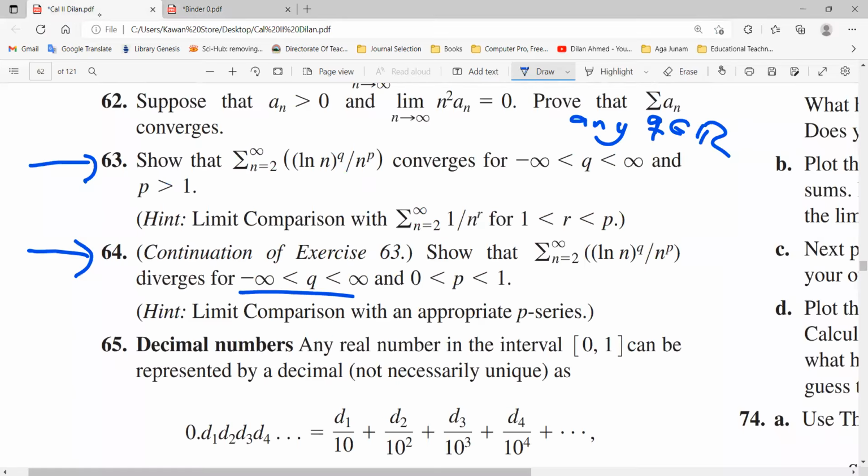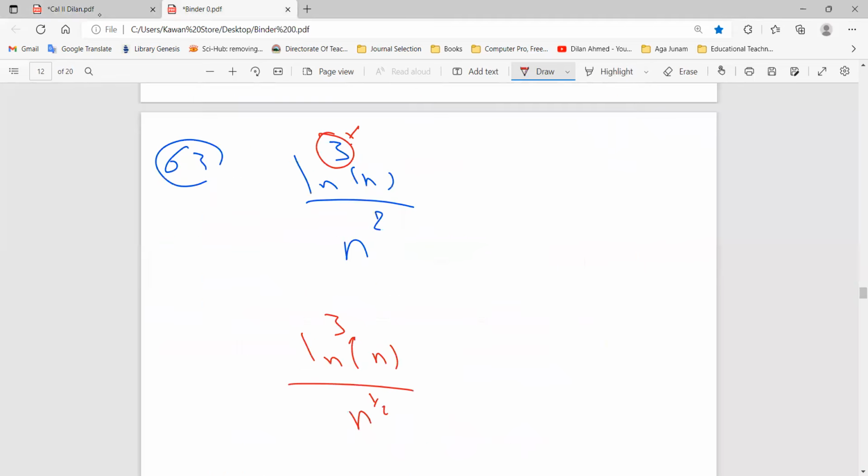Like that. Second example. If p is greater than 1, so if I have ln n over n to the p, if p is greater than 1, bring Bn. This is the Bn. By what condition? Greater than 1. So p is 2, greater than 1.